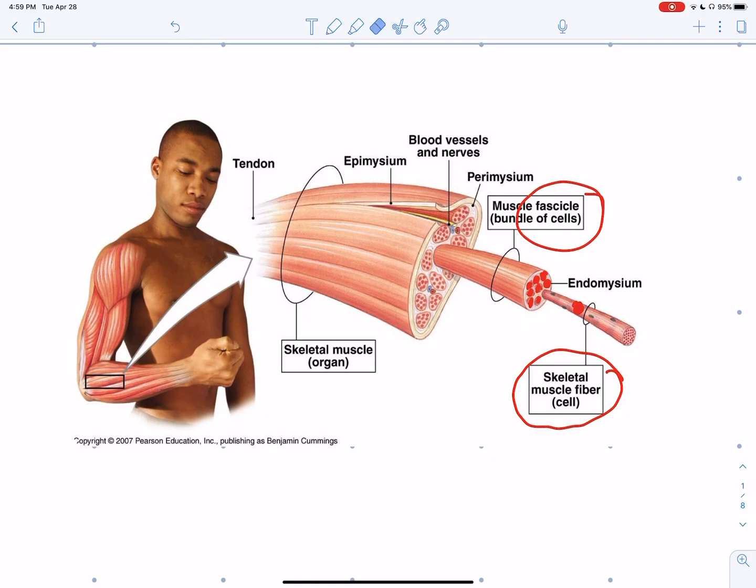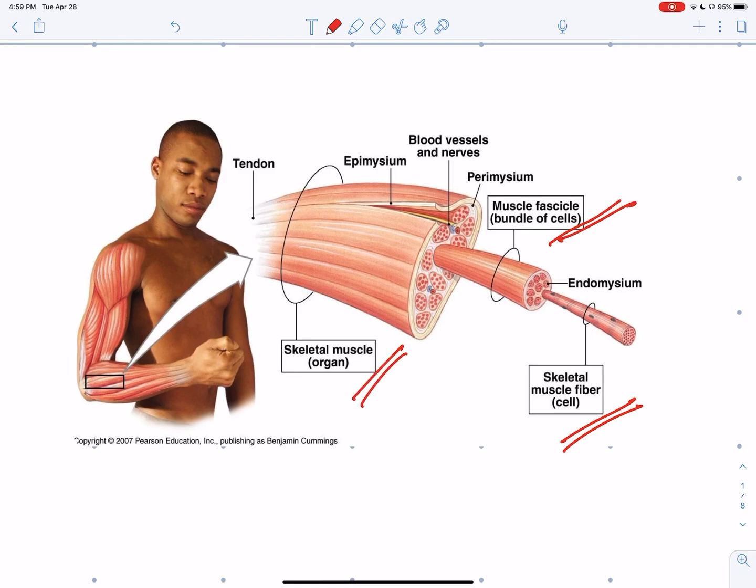There are 9 muscle fibers shown here on this diagram. Those muscle fibers are part of the fascicle. The fascicle is part of the skeletal muscle.